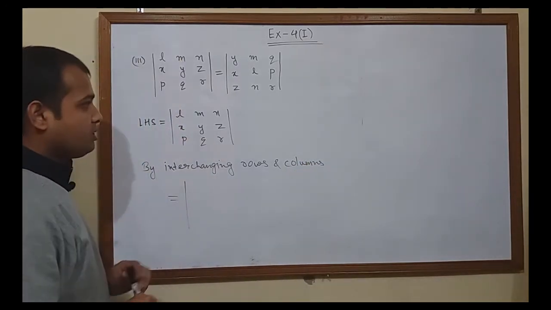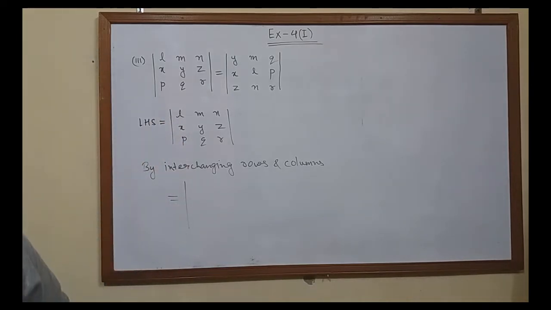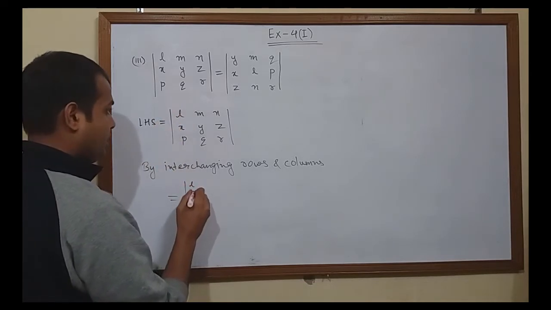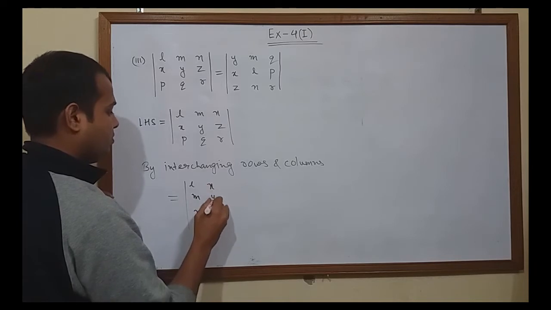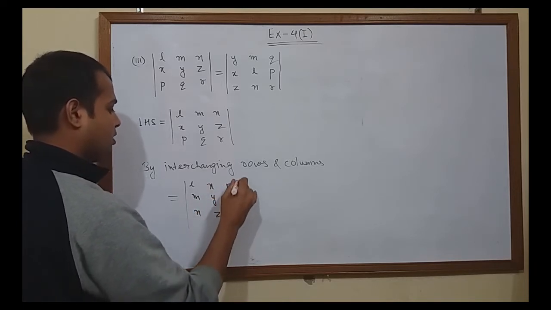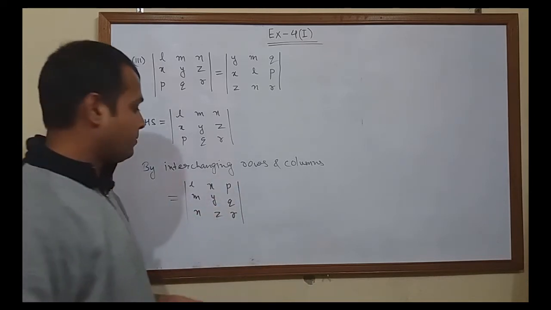In that case your row will become column and column will become row. So the first row becomes the first column, so L X P, M Y Q, N Z R. So we got this.